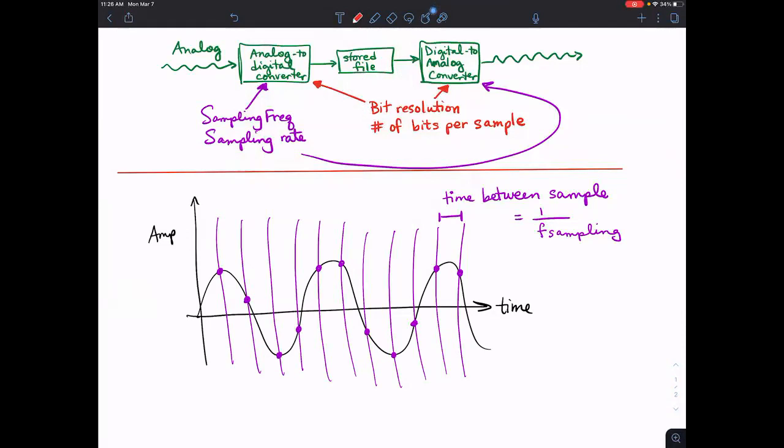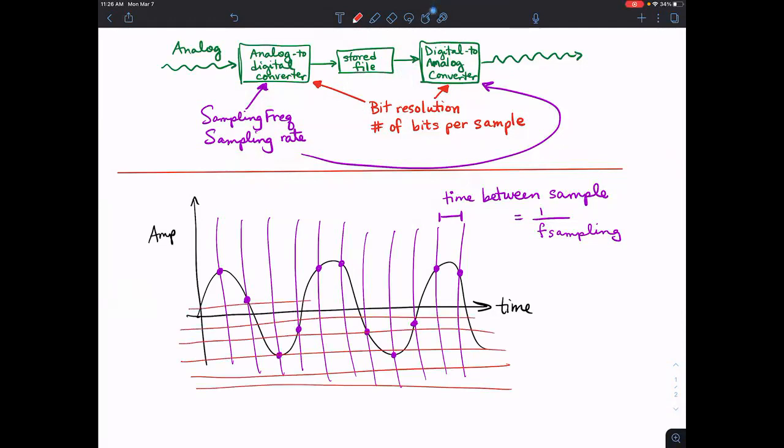The bit resolution determines how many possible values I can assign to those. It's like cutting it this way, basically making a graph paper here.